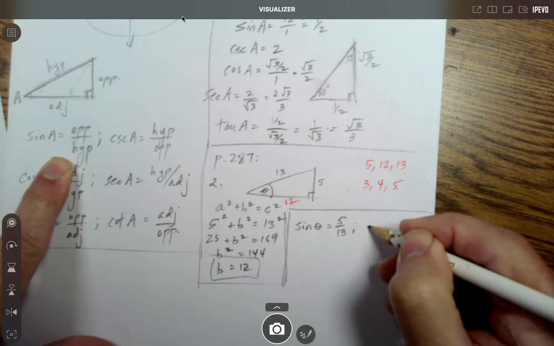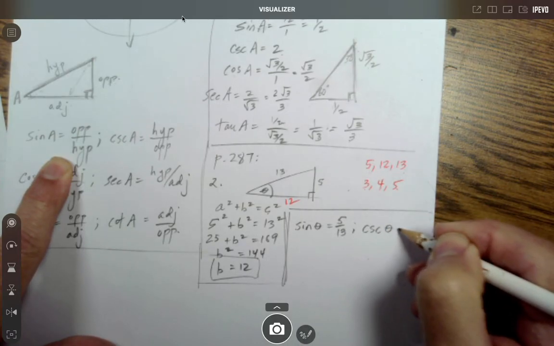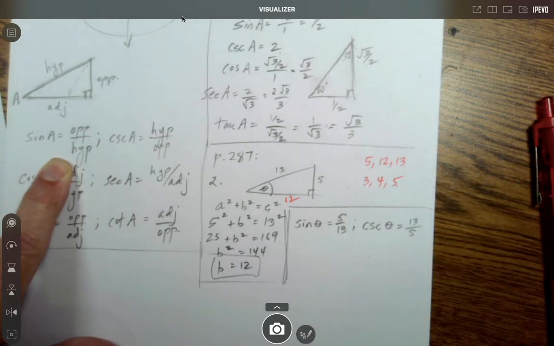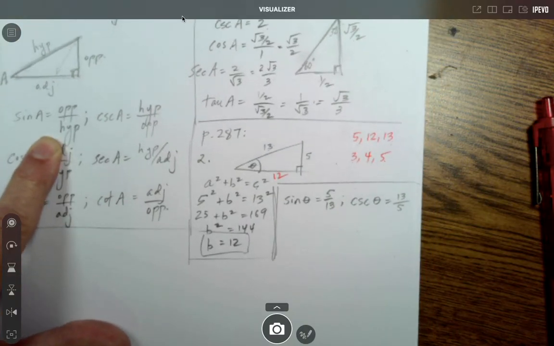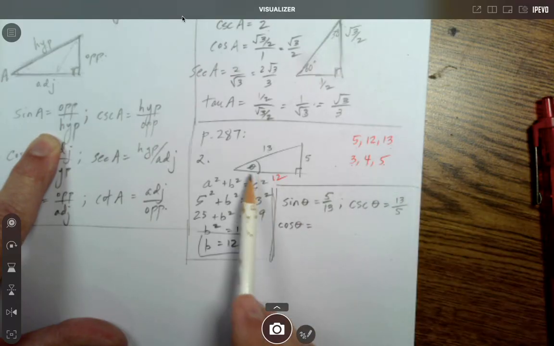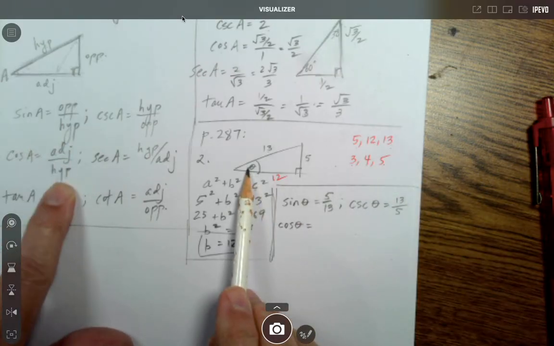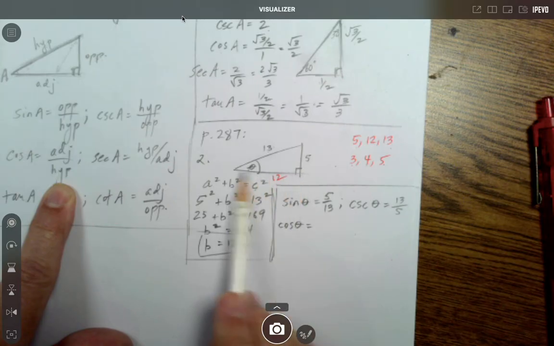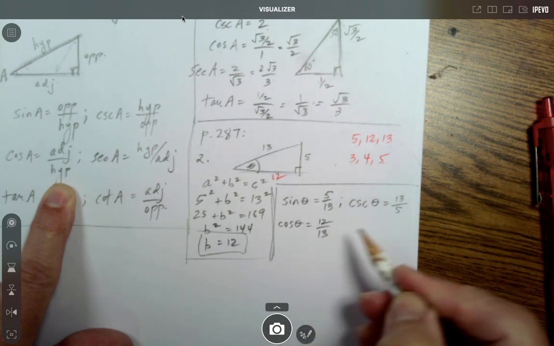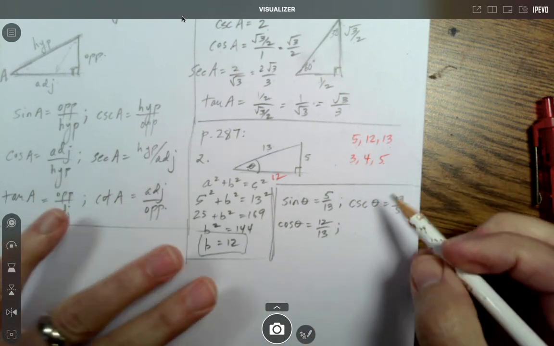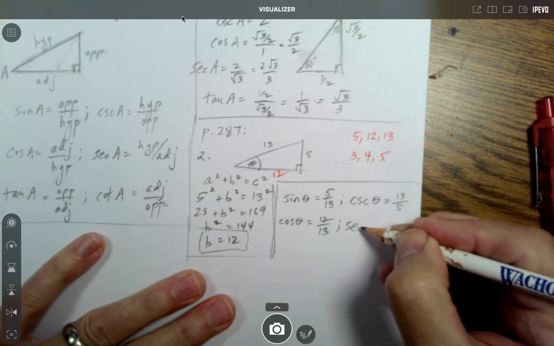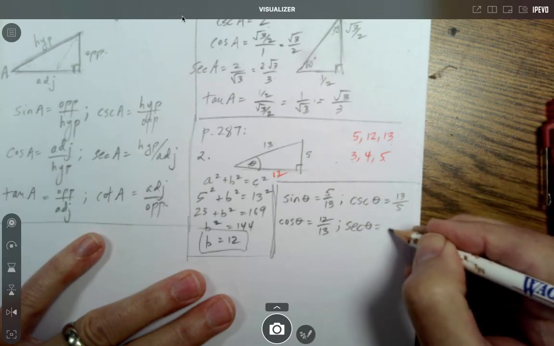And then the reciprocal one, cosecant of theta, would just be the reciprocal of that, 13 over 5. It really is that easy. All right, the cosine of theta, here's theta, that's adjacent over hypotenuse. So this is adjacent to theta, which is 12 over the hypotenuse, which is 13. And then the reciprocal of that would be secant of theta, which is 13 over 12.